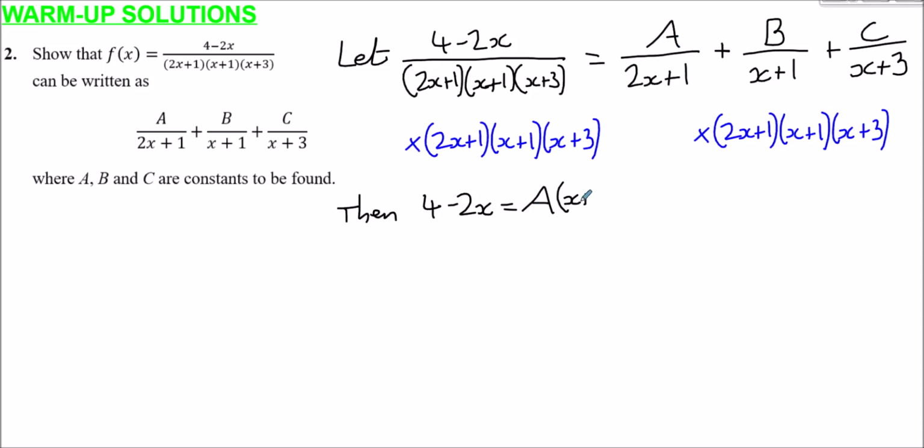So it'll be a, x plus 1, x plus 3. And for b, the x plus 1 will cancel. So for b, we'll have 2x plus 1, x plus 3. And finally for c, everything but the x plus 3 will cancel. So I'll have 2x plus 1 brackets x plus 1.